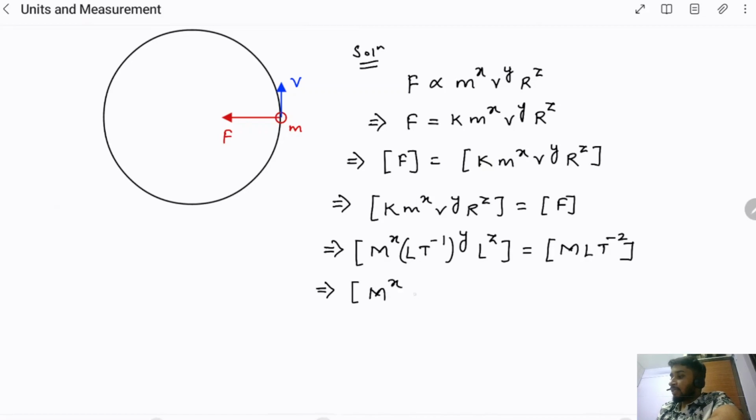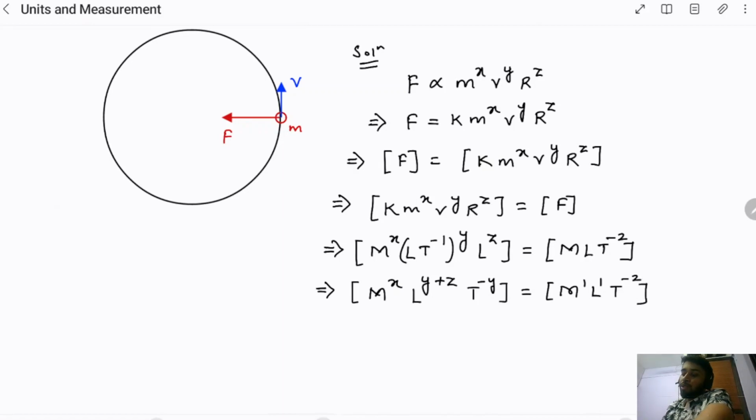For L we get y plus z, as from the second term the power is y, and for the third term the power is z. And T to the power minus y. That should be equal to M L T to the power minus 2: here the power of M is 1, the power of L also is 1, and for T it is minus 2.